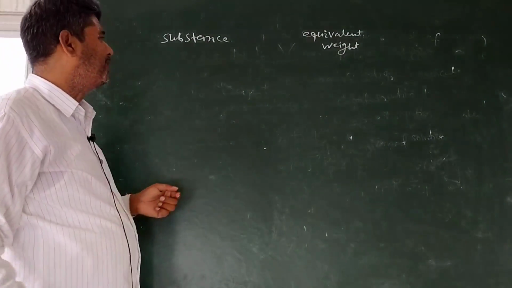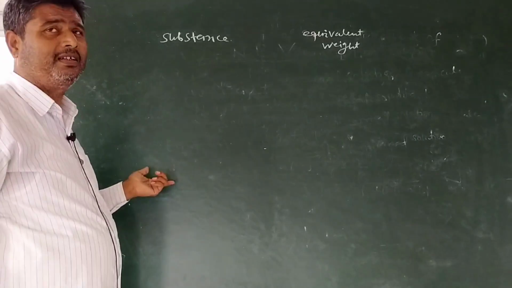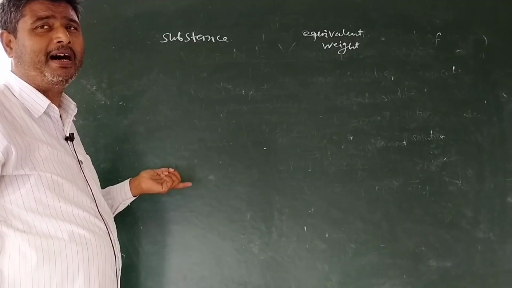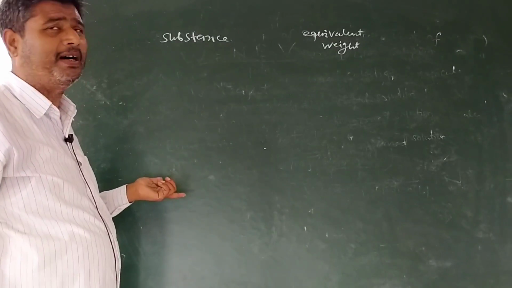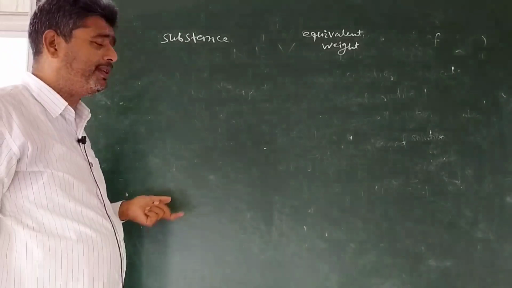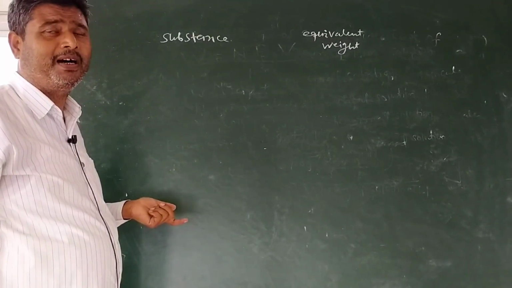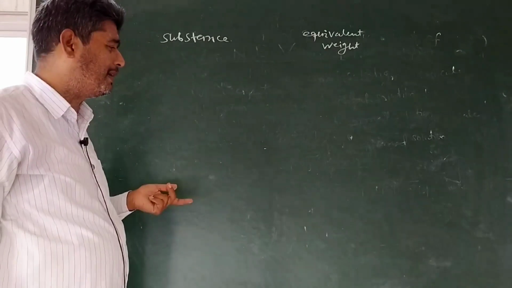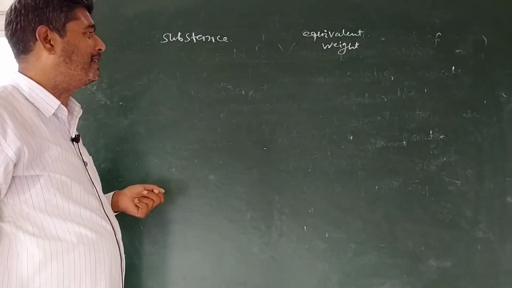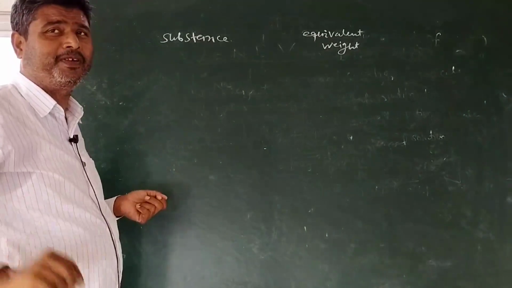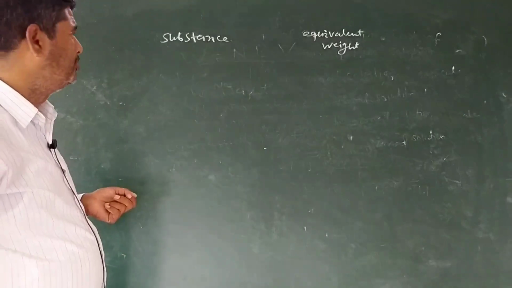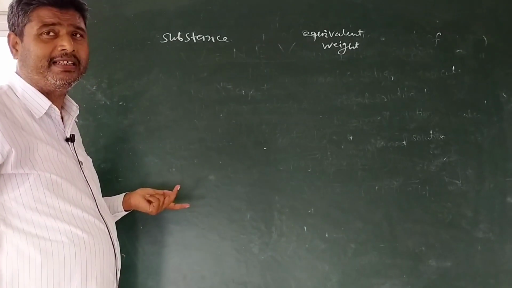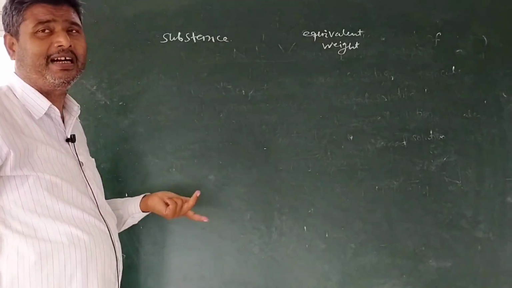There are several manners for the calculation of equivalent weight. Equivalent weight of acid is equal to the molar mass of acid upon basicity. Equivalent weight of base is equal to molar mass of base upon acidity. Equivalent weight of salt is equal to molar mass of salt upon number of positive charge except H plus, except hydrogen ion. Equivalent weight for oxidizing or reducing agent is equal to molar mass upon change in oxidation state.